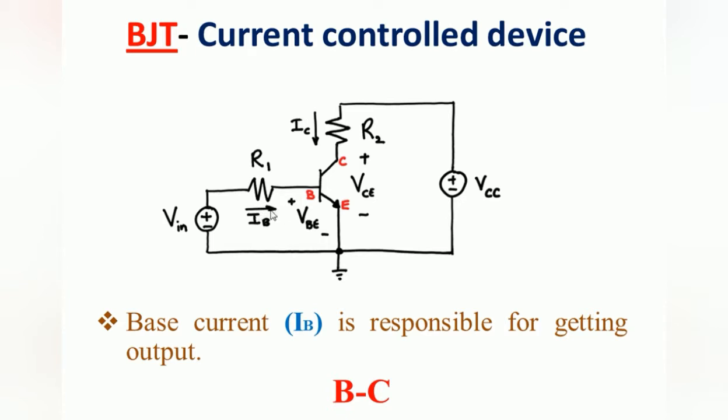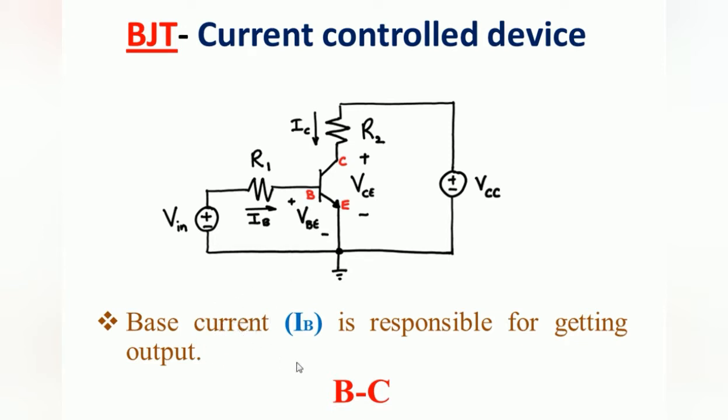Without this base current, the output is equal to 0. IB equal to 0 means no base current, so there is no output. The output of the transistor mainly depends on the base current value. The base current IB is responsible for creating the output, so it is called a current control device.